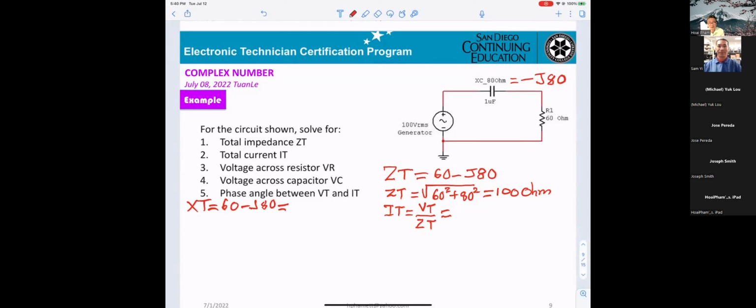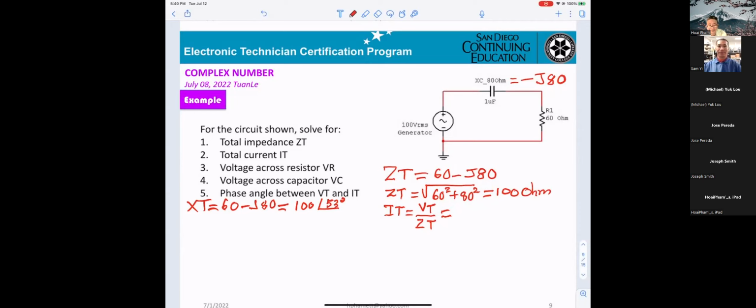Is it 100 and then 53 degrees? 100, right? Yeah, 53 degrees. Okay, make sure everyone is able to get that answer.